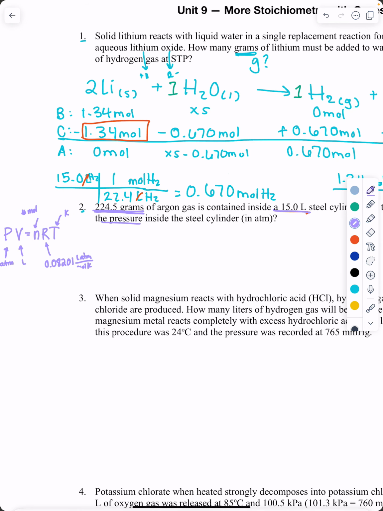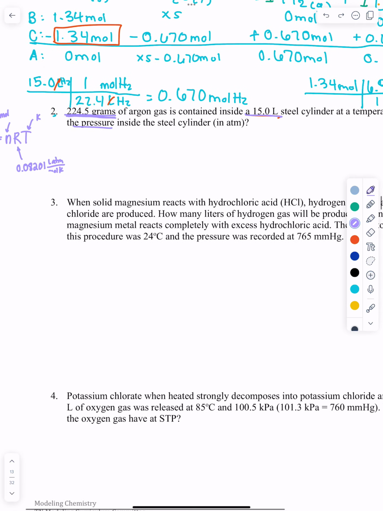So in order to convert grams to moles, I go 224.5 grams and then I do, again, the T-chart. So I have grams of argon, and I want those to cancel out and convert to moles. So I'll put moles at the top and grams at the bottom so that they cancel.